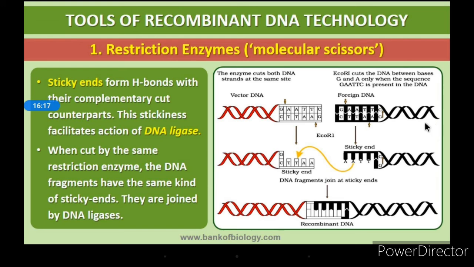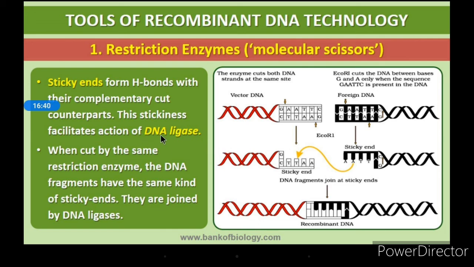Here you can see the sticky ends form hydrogen bonds with their complementary cut counterparts, and this stickiness facilitates the action of DNA ligase. These two pieces should join each other, they are sticky ends. So who is helping them join?